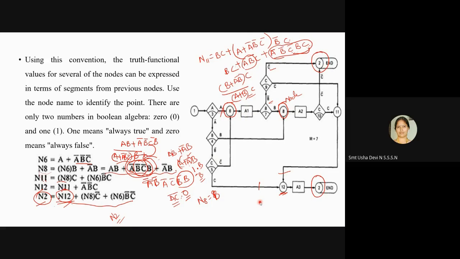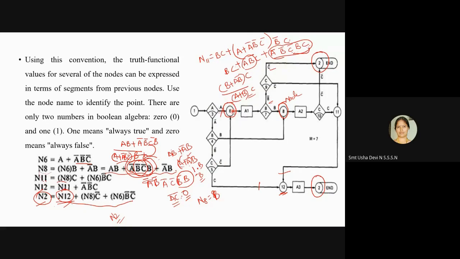Junction, we can say that junction. Observe this. What is the resultant of this point? What are we going to achieve at that point? So this point is equal to A plus A bar, B bar, C bar. Is there any other in link to this particular node?